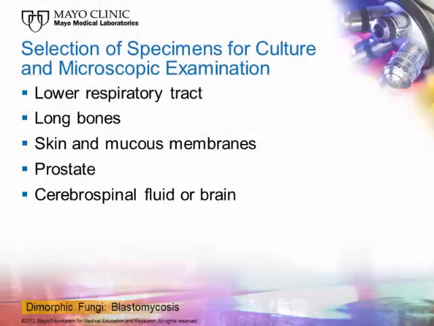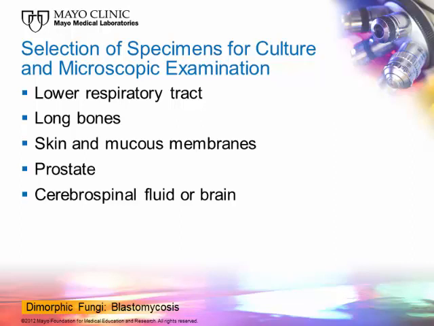In terms of what do we culture and what do we submit for direct microscopic examination? Well, we know the lower respiratory tract is involved because pneumonia is a feature of blastomycosis. This organism causes disease of the long bones like the femur.